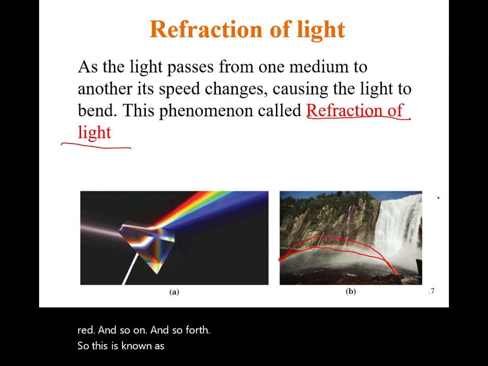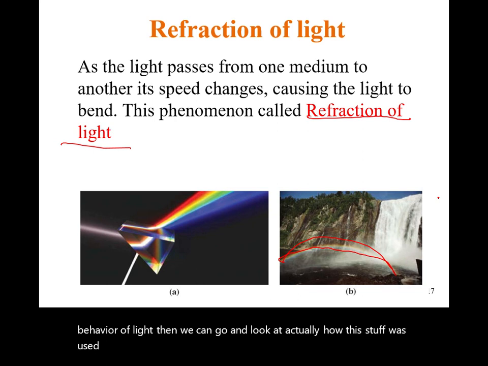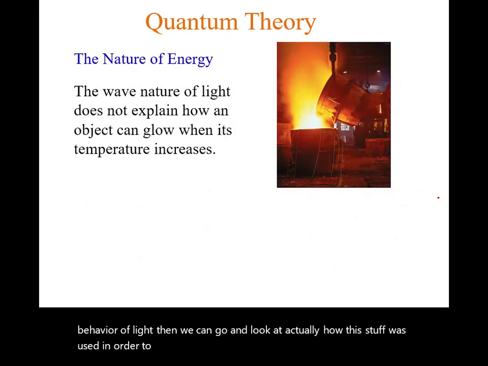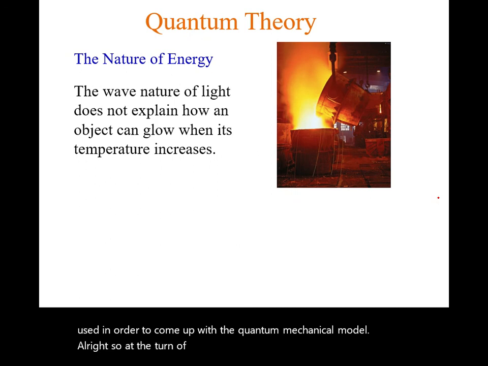So now that we understand all these behaviors of light, we can look at how this was used in order to come up with the quantum mechanical model. All right, so at the turn of the 20th century, there was a phenomenon known as black body radiation.